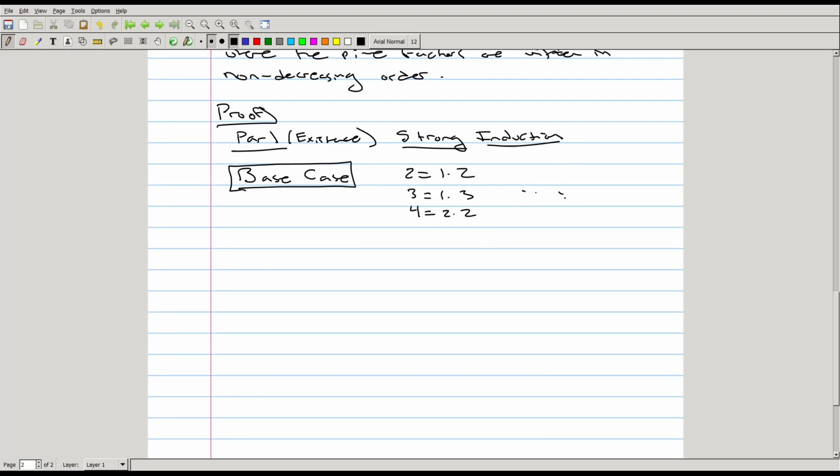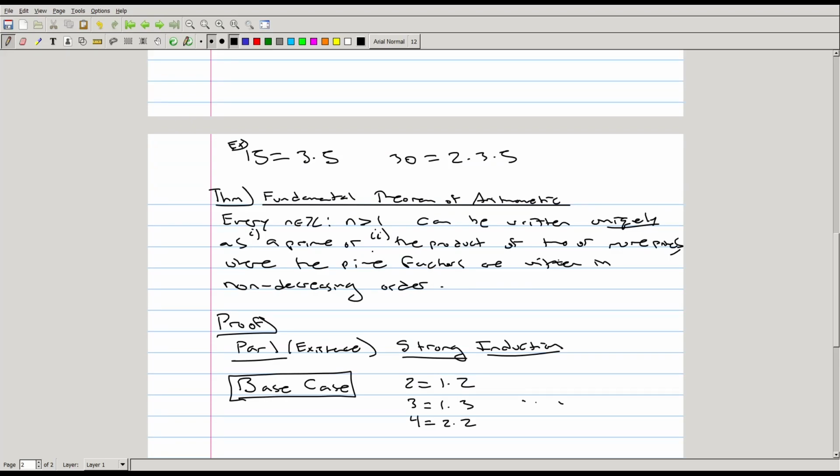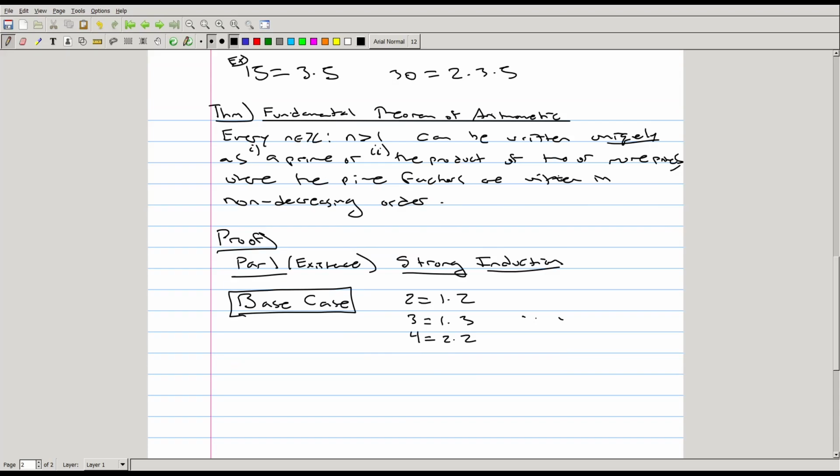And I think this is enough base cases to give you the idea, because for 2 and 3, they're both prime, so they can be written as 1 times itself. And then 4 is a composite number, and it can be written as 2 times 2, which is just the 2 lower primes. So it's a product of 2 or more primes.